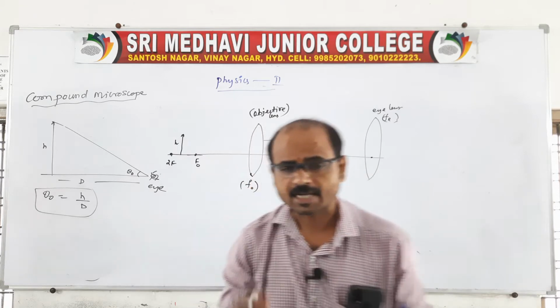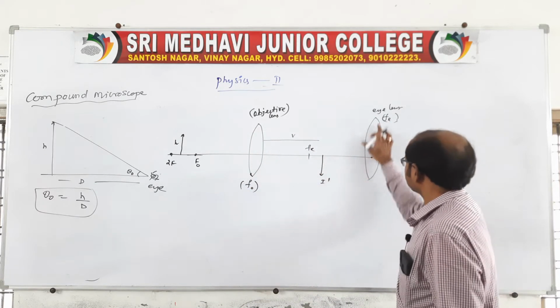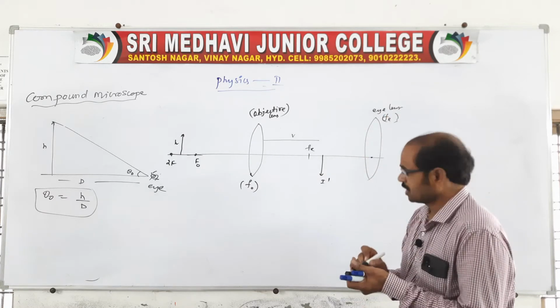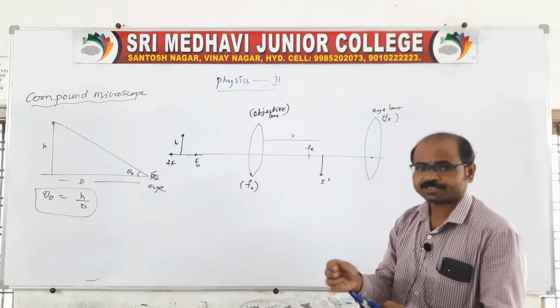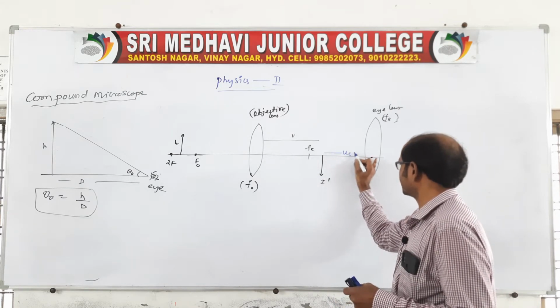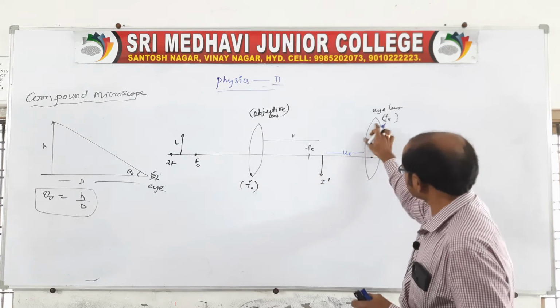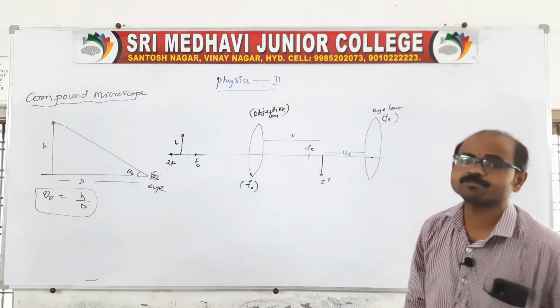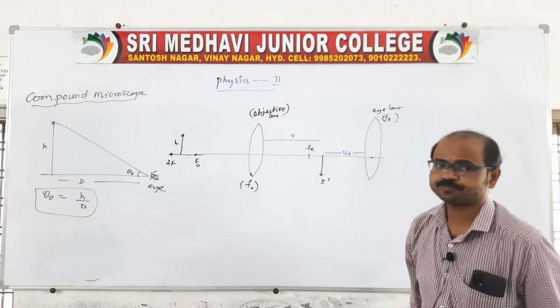Coming to the point, this image acts for the eye lens as an object. So for this eye lens, this image acts as an object, and the object distance for this lens is ue.